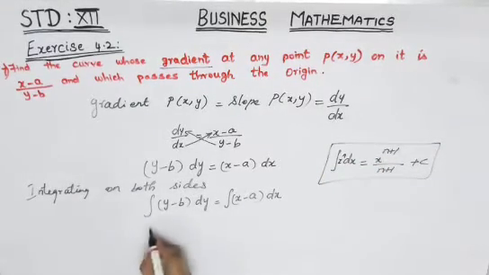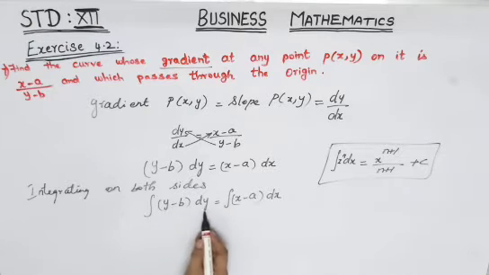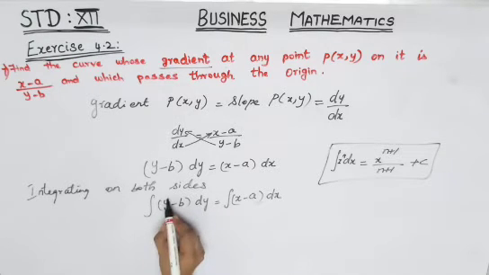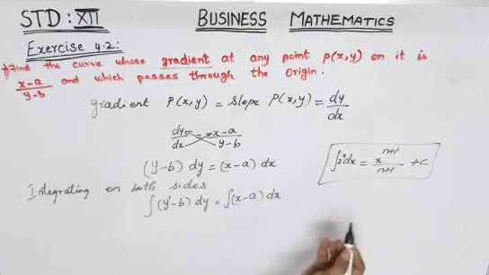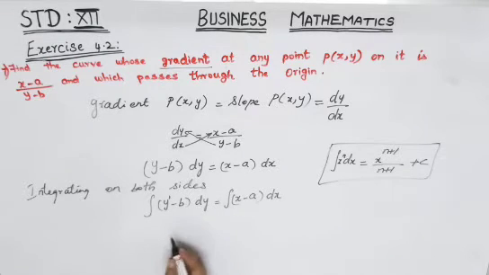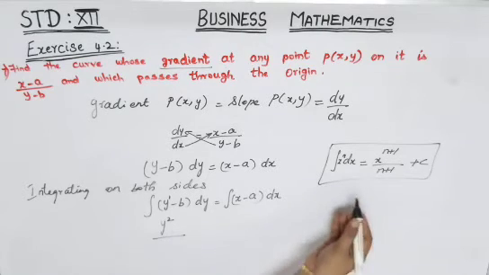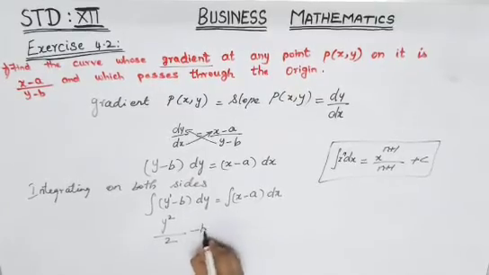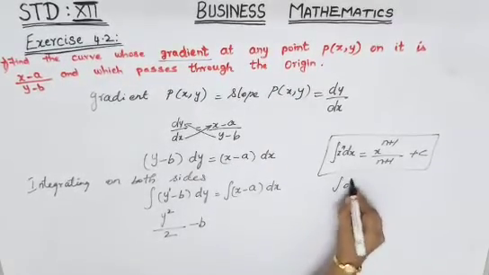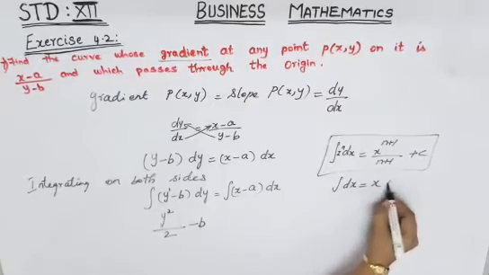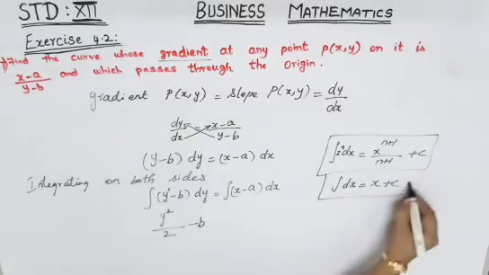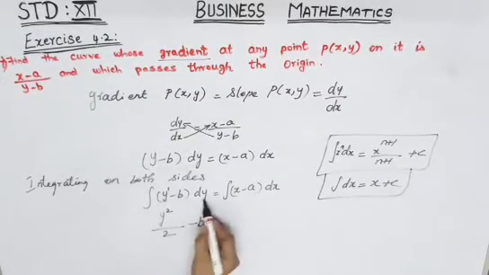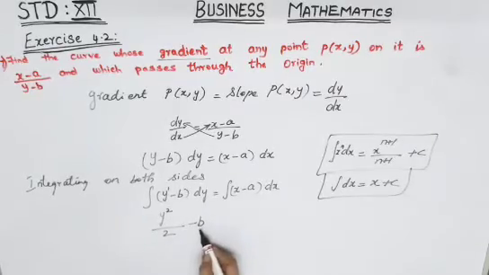Now integral of y dy is y power 1, so using that formula we get y power 1 plus 1, so y square divided by 2, minus integral of b, which is a constant.